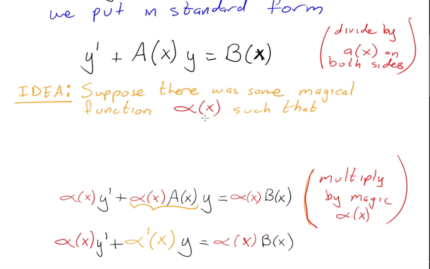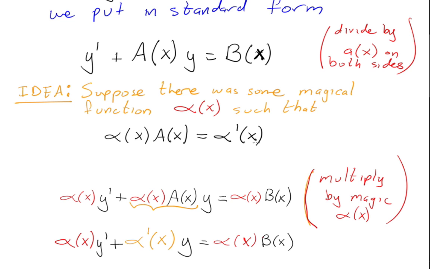What we need is for alpha of x, a of x, to equal alpha prime of x, right? Do you guys agree? So for us to be able to go from this equation to this equation, this has to be true, right? So this magical function that we still don't know what it is has to have that property for that to work.